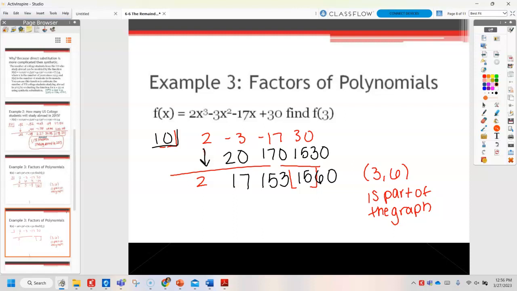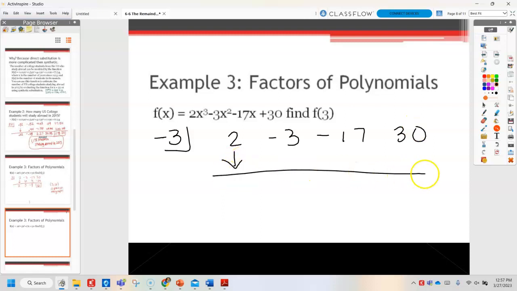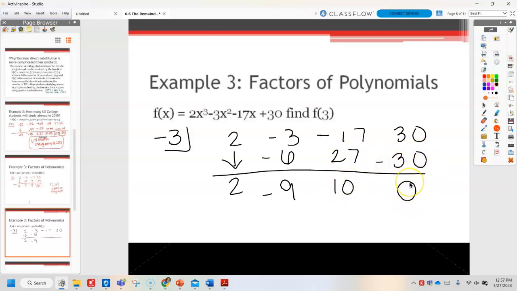So what if we look at negative 3? Now you have negative 3, 2, negative 3, negative 17, and 30. When you plug in negative 3, your remainder is 0.